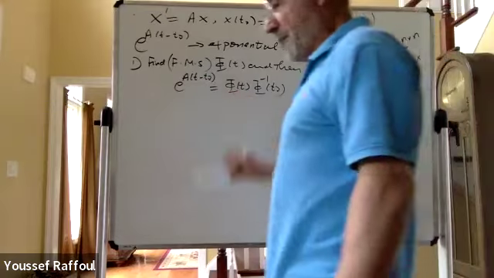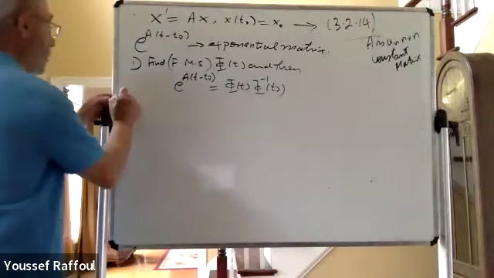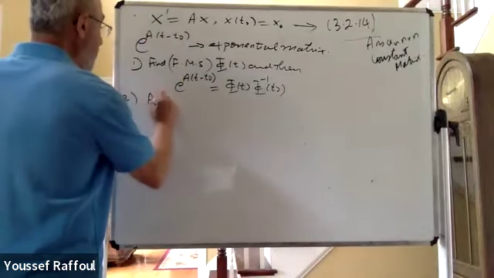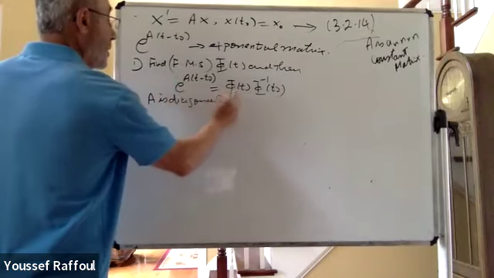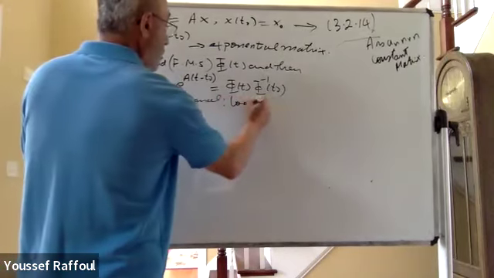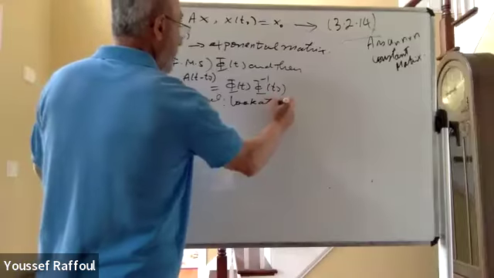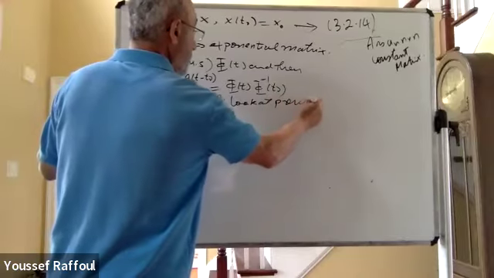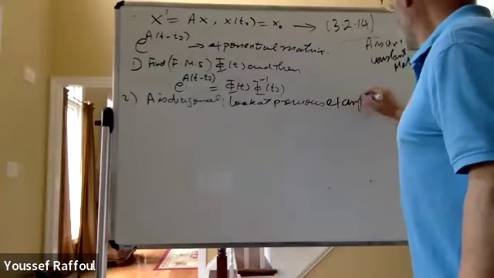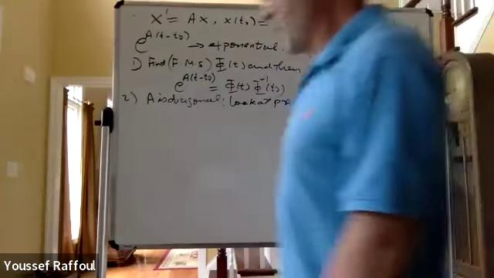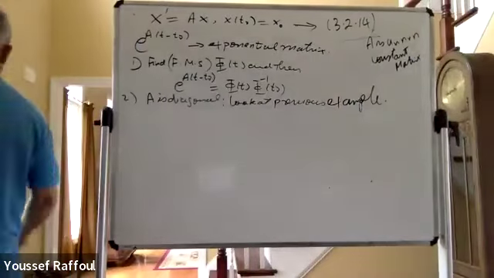Another way, which we did last time: if A is diagonal, then look at the previous example. I'll flip the board and show you what I mean.